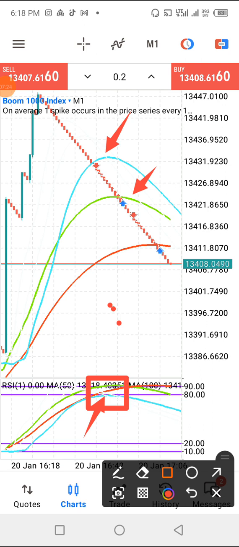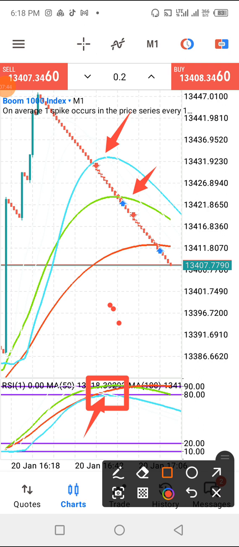Then you won't notice a spike. But when you're utilizing this strategy, make sure the criteria are met, just like what you saw me do at first. When those conditions are met, there are high chances that it will always favor you.